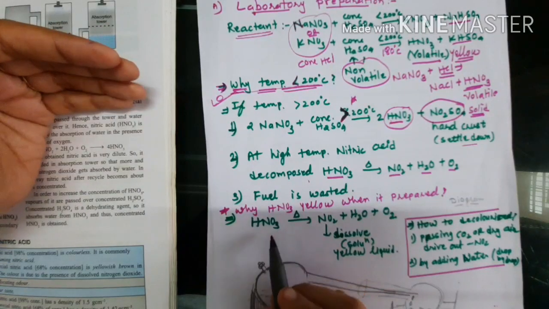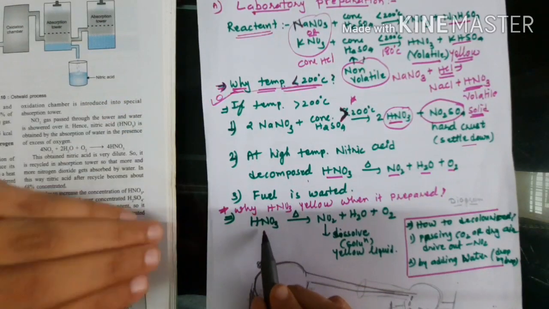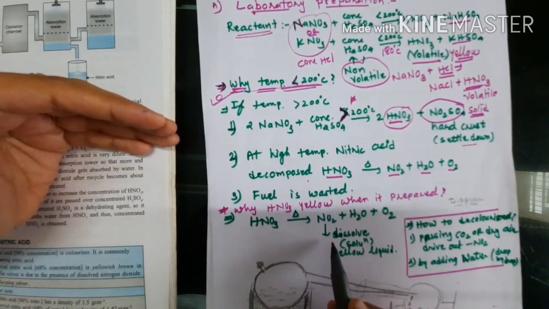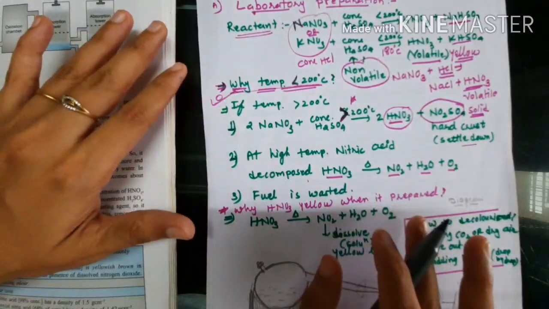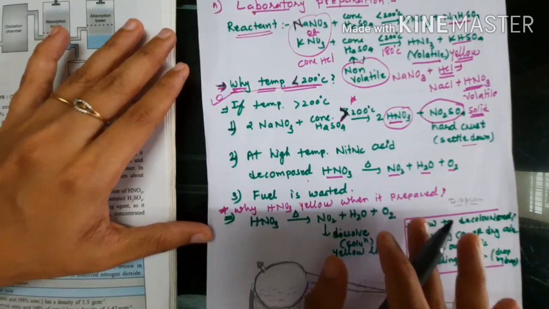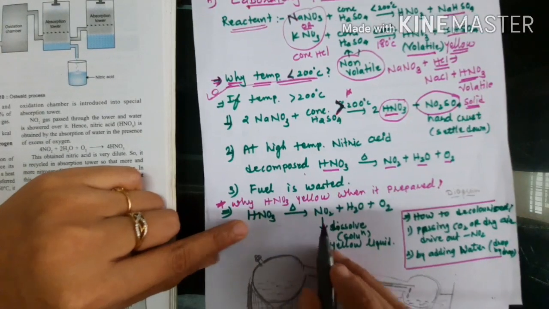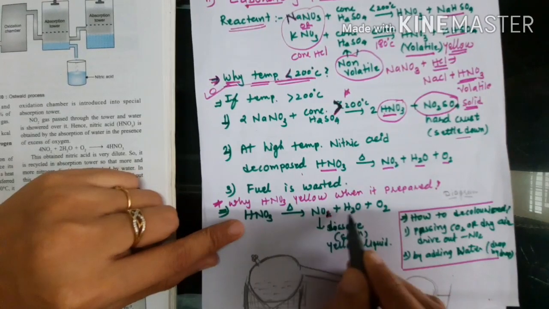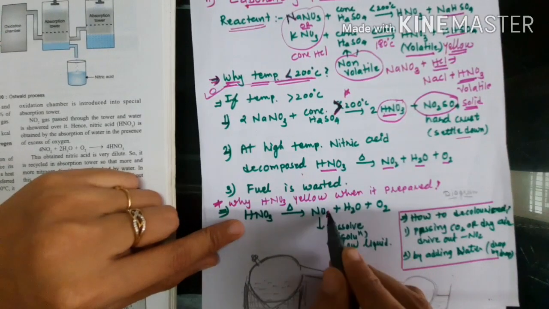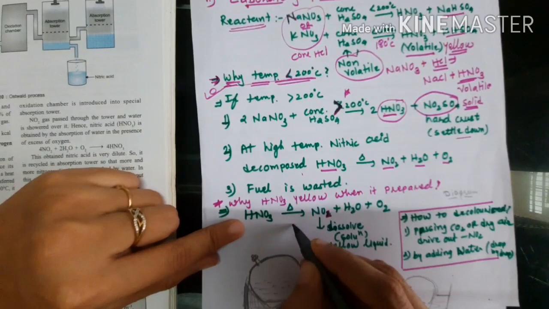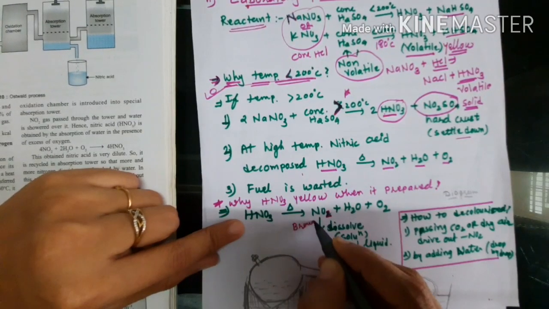So some amount of the HNO3 will be decomposed, not all of it, and it forms nitrogen dioxide, H2O and O2, and this nitrogen dioxide is reddish brown in color.